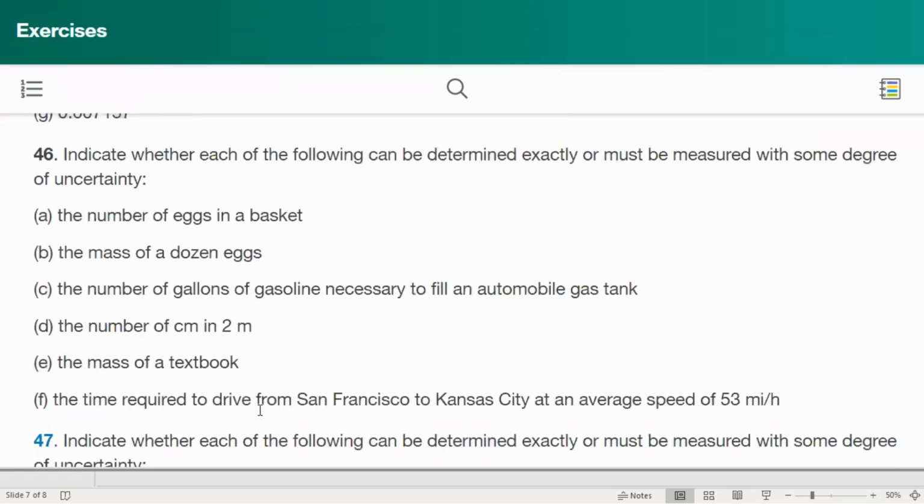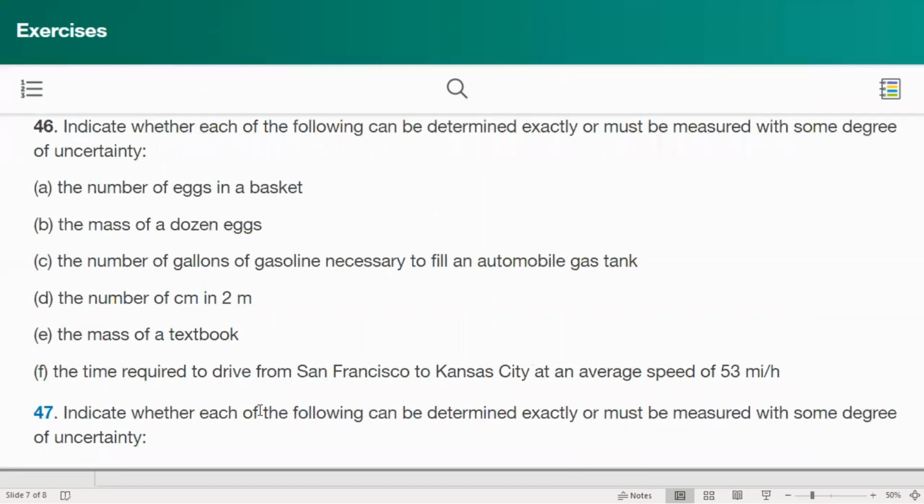Indicate which of the following can be determined exactly or must be measured with some degree of uncertainty. The number of eggs in a basket that was covered in the text, it is exact. The mass of a dozen eggs is uncertain if it has to be measured with a scale, because these aren't discrete quantities. The number of gallons of gasoline necessary to fill an automobile gas tank, that is definitely uncertain.